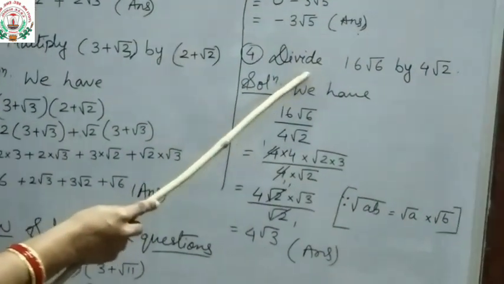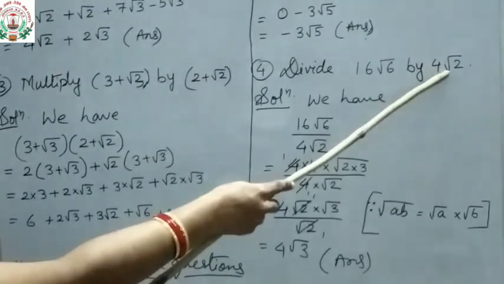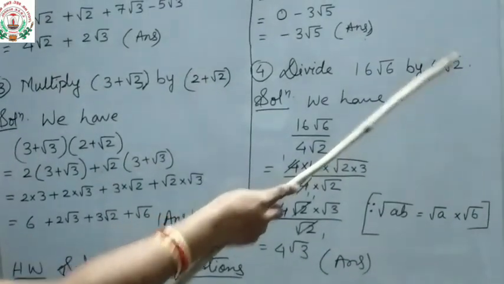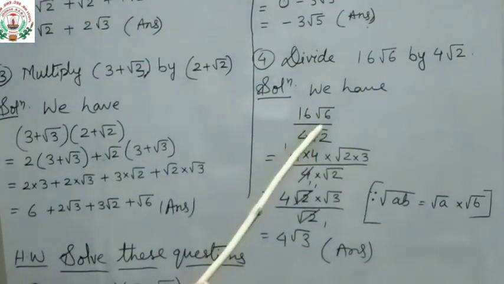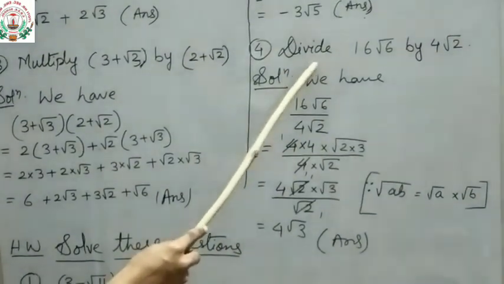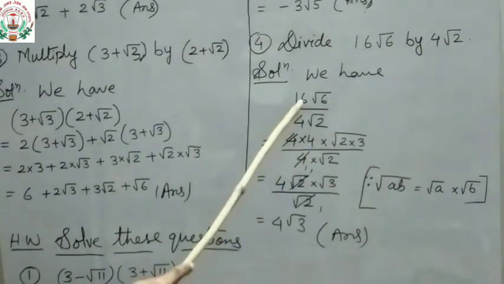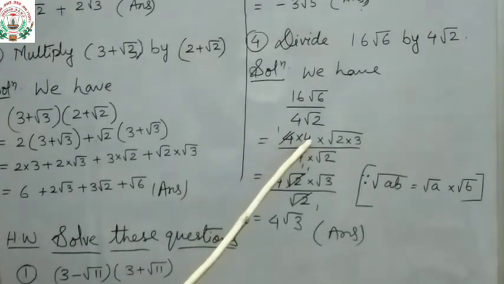Same way, now divide. Next question is divide 16 root 6 by 4 root 2. Okay. Now solution we have: first value, that is 16 root 6 upon 4 root 2, because division is there. Okay. So now this 16 we can split into 4 into 4.